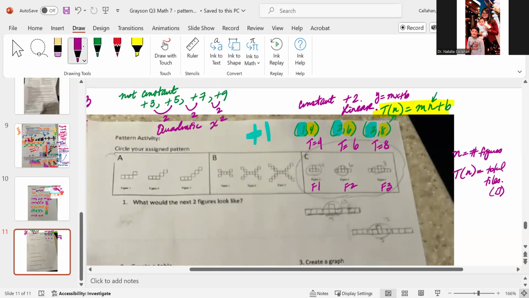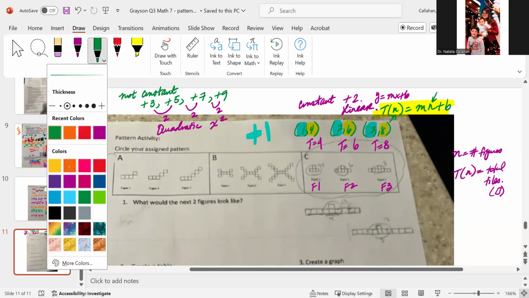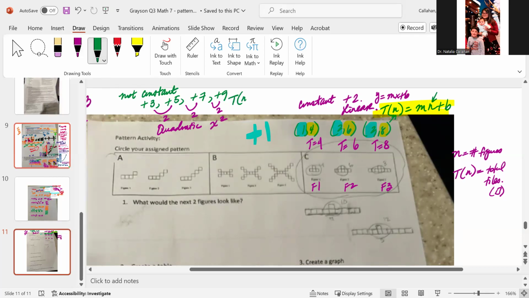Quadratic means it's x with a square right there, okay? And yesterday, our equation was like t of n equals, it was like x n squared plus n plus b, right? Okay, so there's going to be a square. So do you see the difference right here between the two? Yeah. These are the two differences, okay?